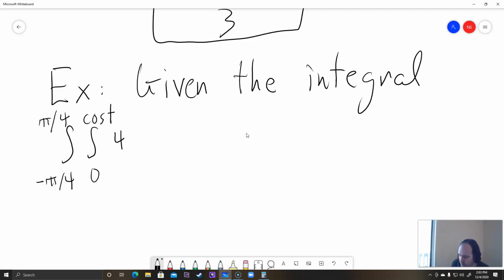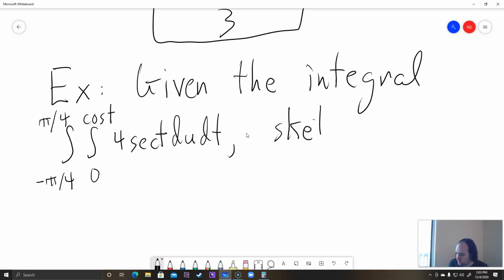We're integrating 4 secant of t, du dt. Sketch the region of integration.